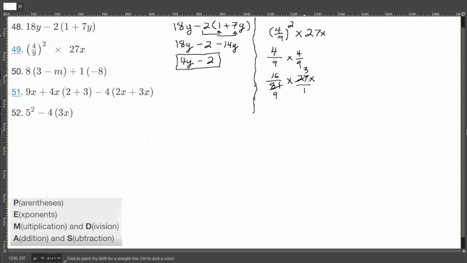Could I have maybe used 18? I don't know. But anyway, so we also have another factor of 3, right? So how many 3's fit into 3? 1. How many 3's fit into 9? 3. So when all the smoke clears, looks like we have 16x over 3. So 16 times x, I guess I'll just put it here.